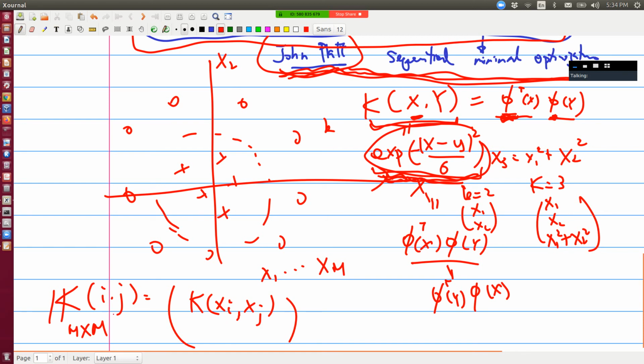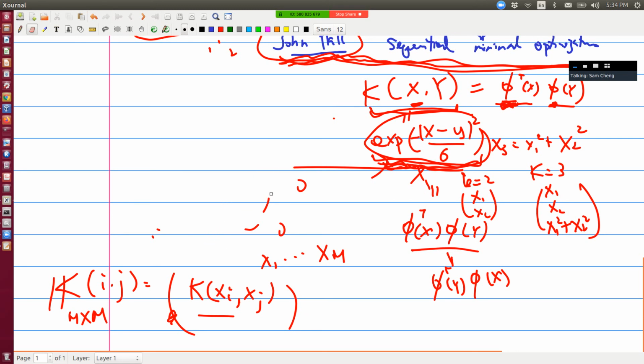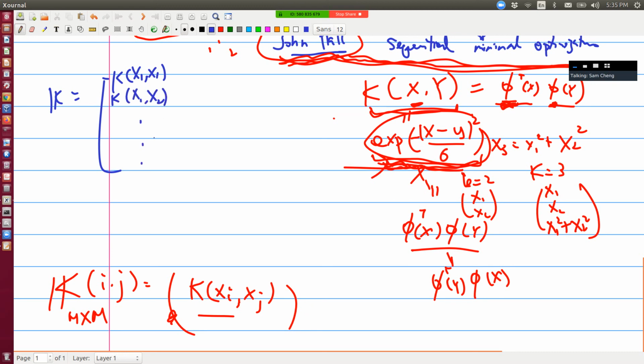So my kernel matrix is like k(x1, x1), k(x1, x2), and so on and so forth, up to k(xm, xm).